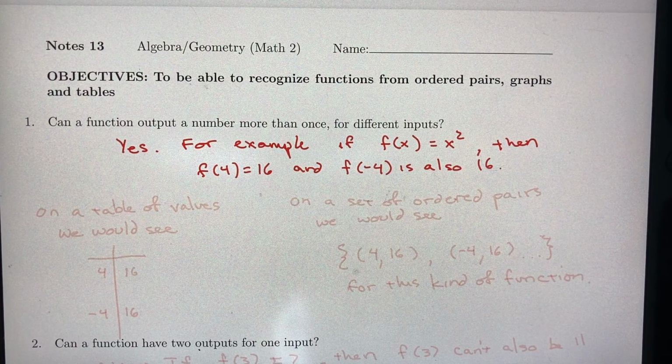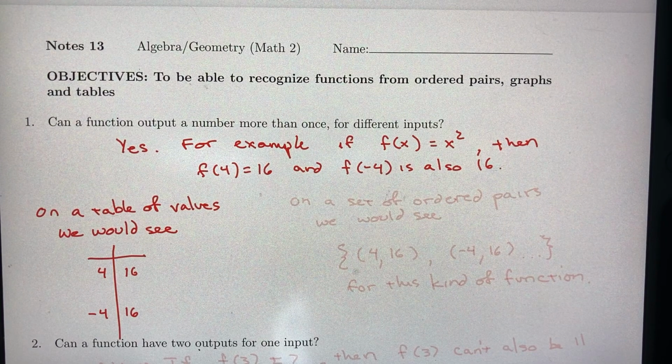So on a table of values, we would see 4, 16, and negative 4, 16. Okay.